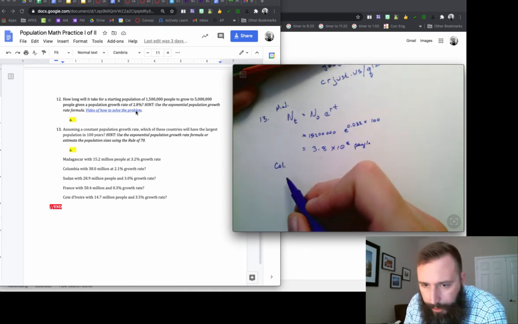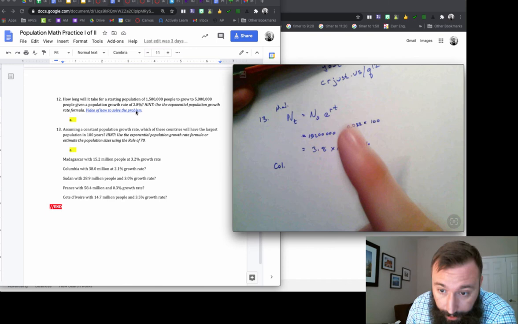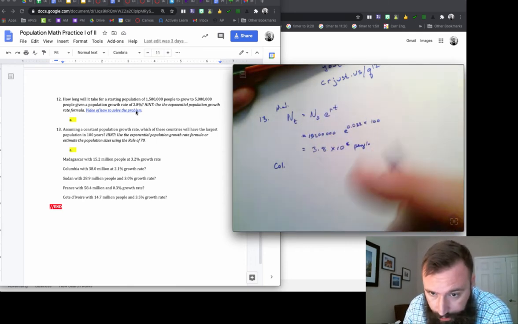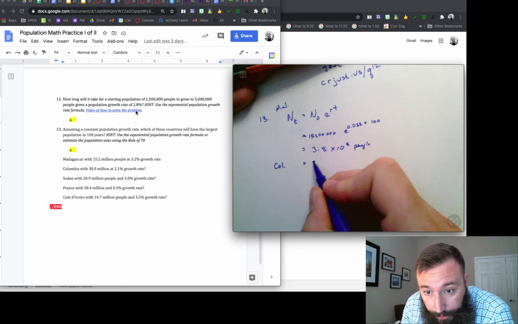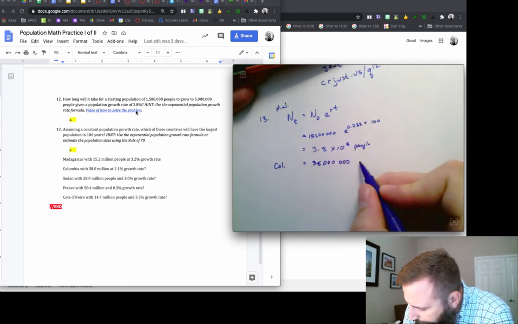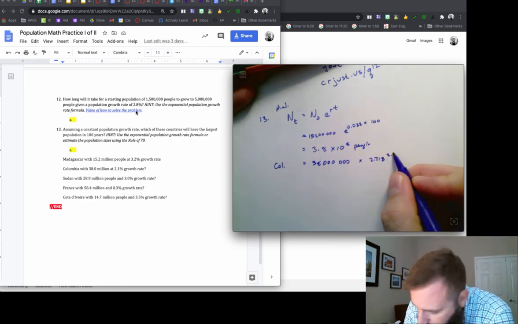I'm just going to start plugging this in because it's pretty much the same formula, right? Remembering that since we're multiplying by 100 years, the growth rate of 2.1% will be the exponent 2.1. That makes sense. All right, this is equal to 38 million times 2.718 to the 2.1.